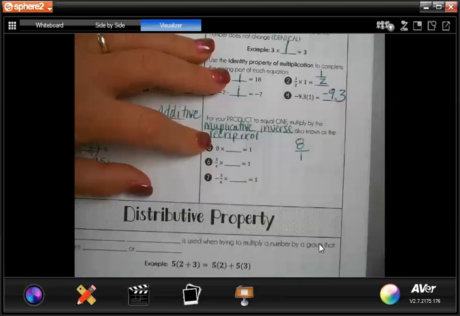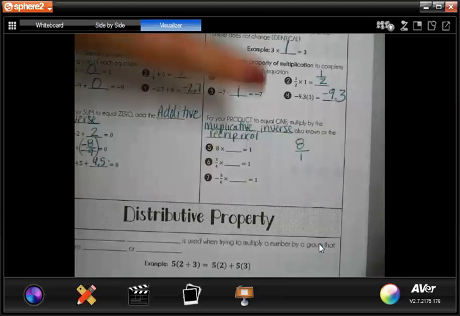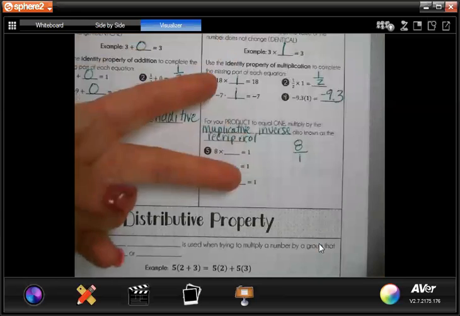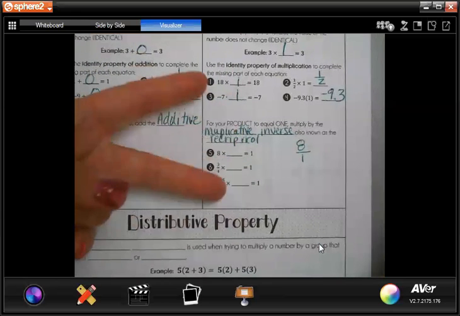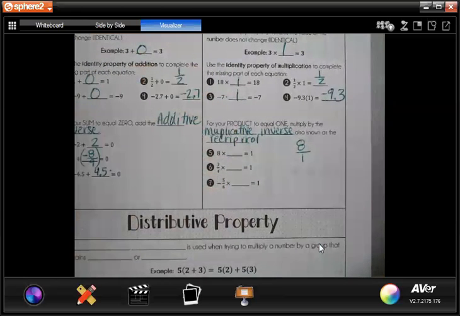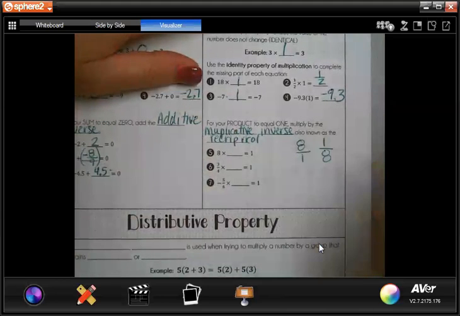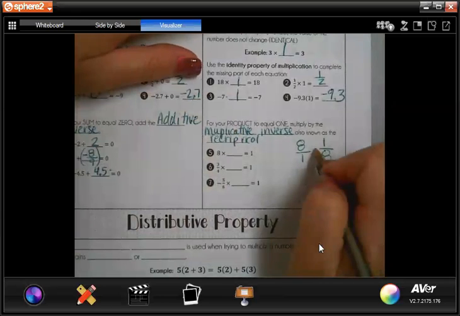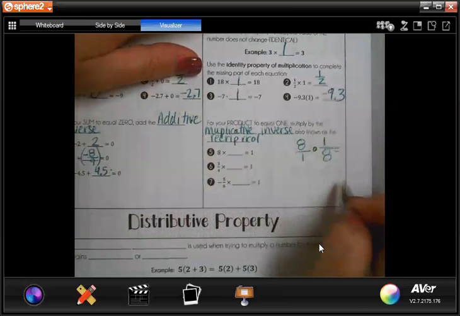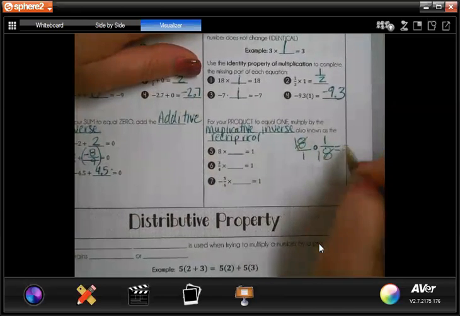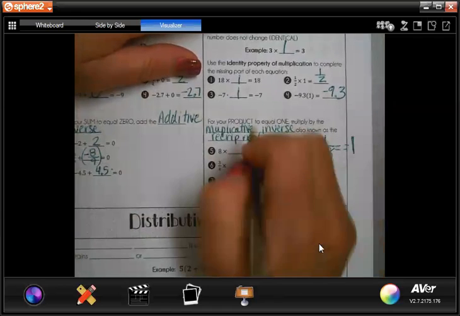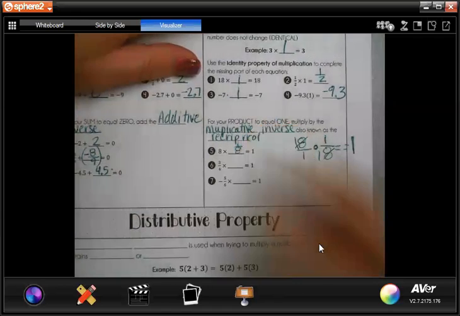The reciprocal, you just go bloop. You change the numerator with the denominator, the denominator is the numerator. So the reciprocal of this would be 1/8. Because if you were to multiply these together, these cancel out. 1 times 1 is 1. So this would be 1/8.